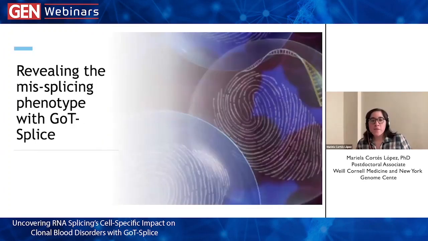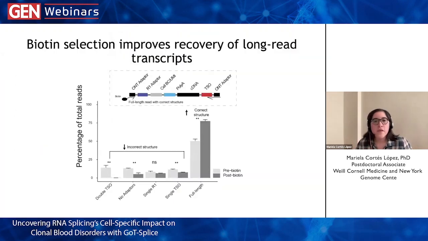Now having this information, all that I showed you before has demonstrated the applicability of having the genotyping information and also the cell surface information. But what happens when we want to go to the splicing phenotype, where we especially were trying to capture these full-length transcripts?